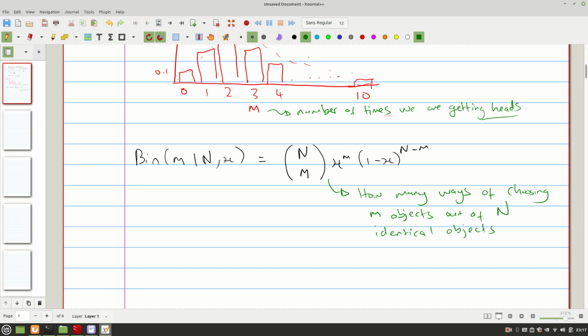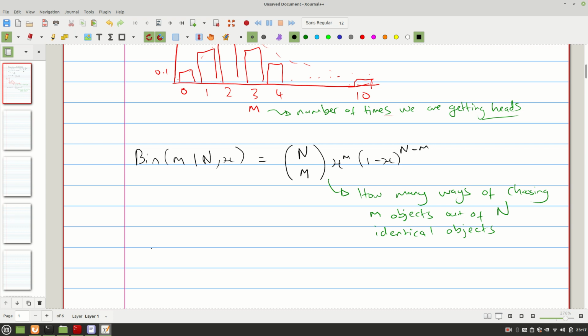That's what n choose m is. So basically we're asking questions like, given n is 10, how many ways are there of me getting 3 heads? This is essentially what this question is, and we multiply the ways that you can get this by mu to the m times 1 minus mu to the n minus m. This is our probability distribution over this.